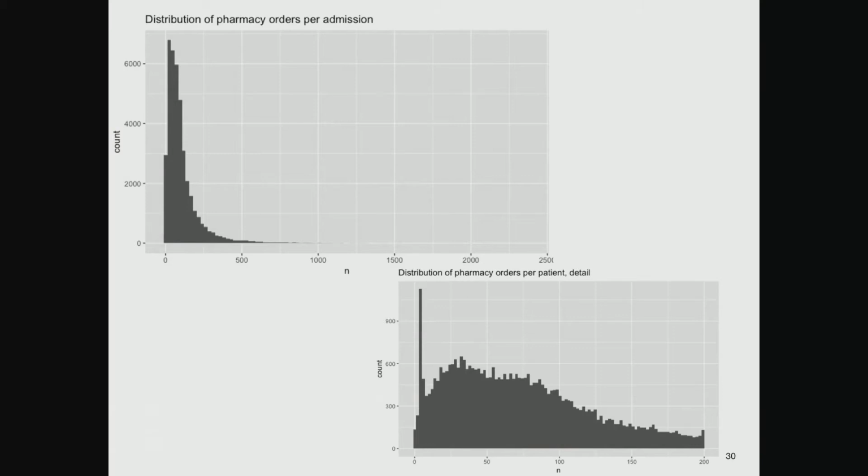It's a very long-tailed distribution, goes out to about 2,500, but if I blow up just the numbers up to about 200, there's a very large number of people with like 2 prescriptions filled, and then a fairly declining number with more. And then it's a very long tail. So can you imagine 2,500 things prescribed for you during a hospital stay.